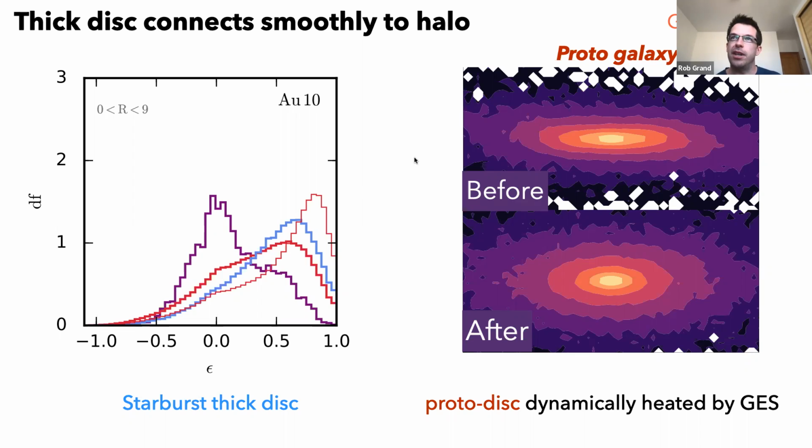And this can be illustrated here on the right with this before and after picture of the stars. If we looked at the stars edge on before the merger took place, we would see this. So it's reasonably flat, reasonably thin. And then afterwards, this puffs out quite a bit. So this is just illustrating the potential kinematic heating effect that the GES progenitor had on the protogalaxy.